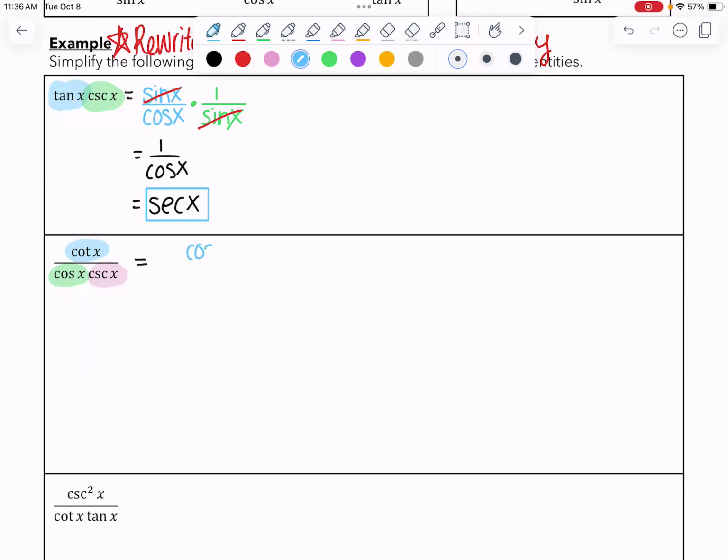Cotan x is by the quotient identities, cosine x divided by sine x. And then the big fraction bar, cosine x is just gonna stay who he is. Cosecant x is 1 over sine x.